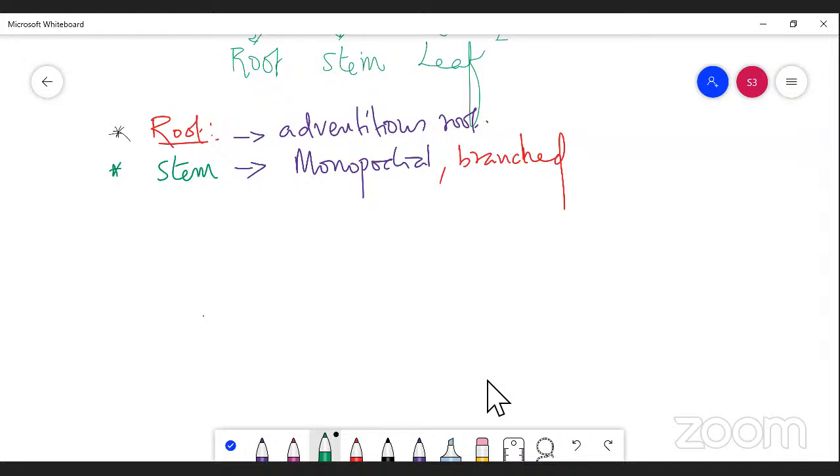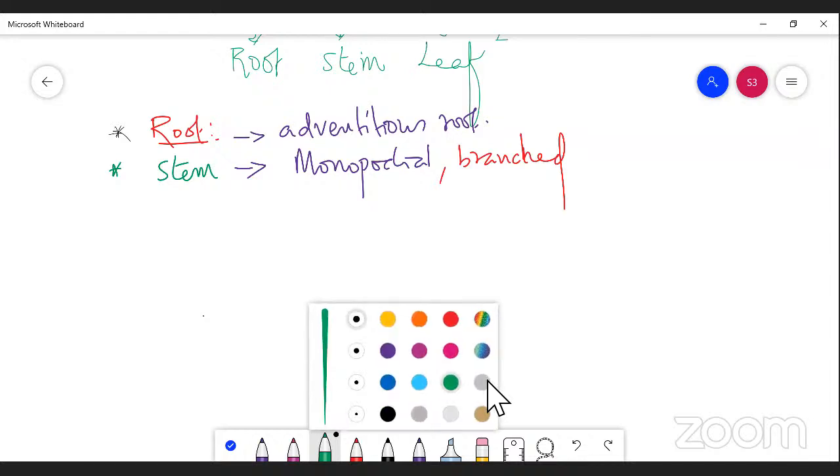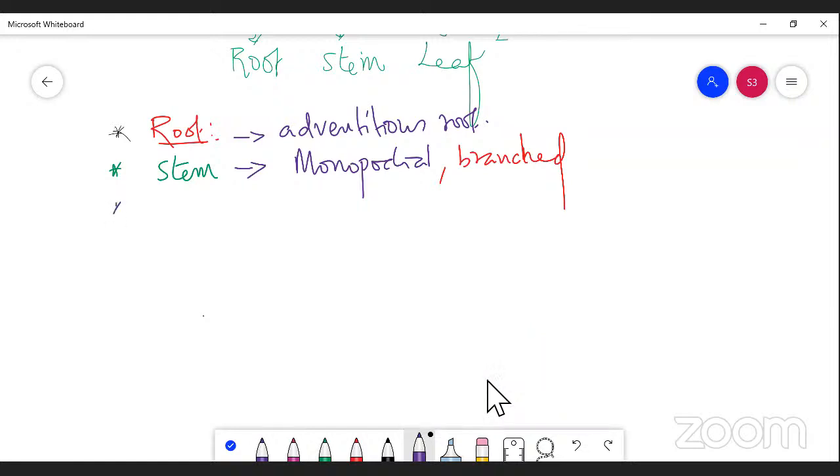The next one, leaf. There are different types of leaves.